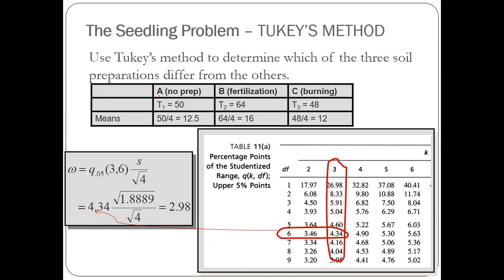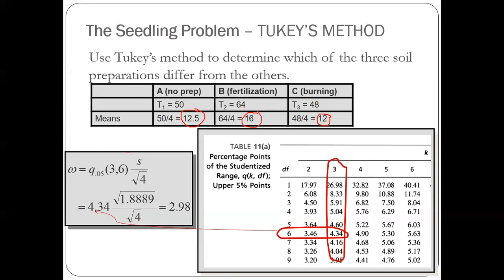For A, no preparation, it is 50 divided by 4. For fertilization, that is B, it is 64 divided also by 4. And burning, that is C, is also divided by 4. So the means are 12.5, 16, and 12.